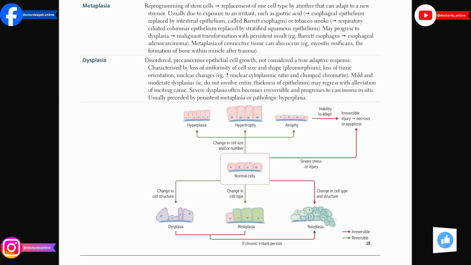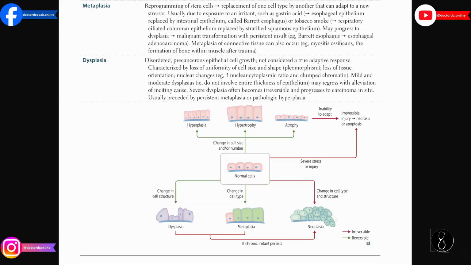First of all, these are the normal cells. You can see this is the normal cell.